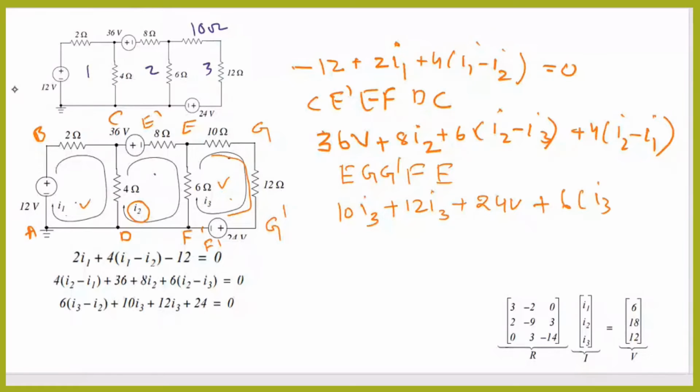Now let's rearrange these equations. 2I1 plus 4(I1 minus I2) minus 12 is equal to 0.